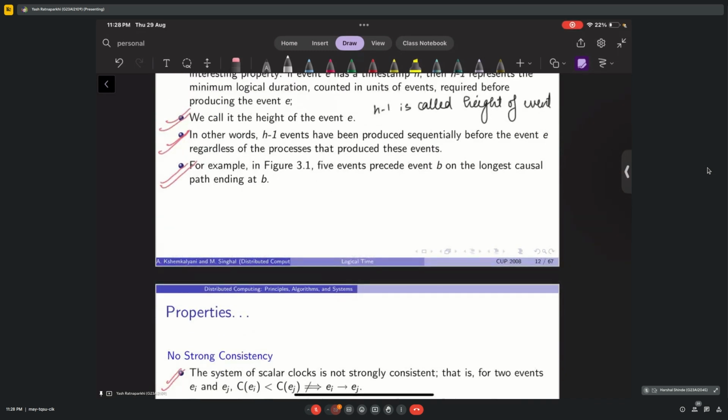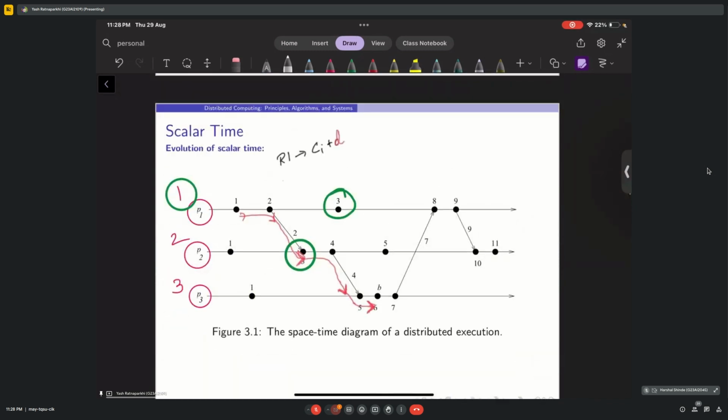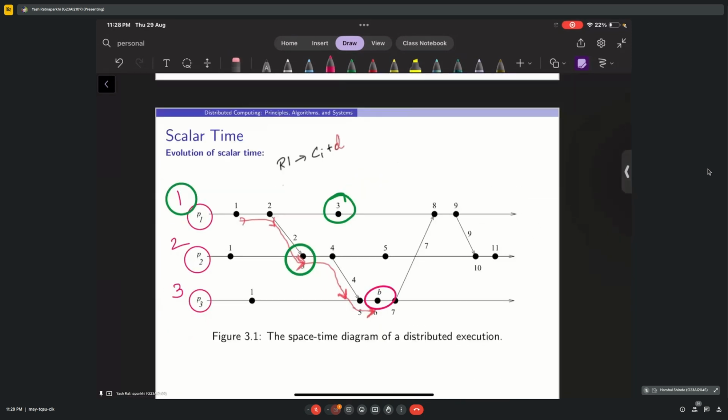For example, in figure 3.1, now look at it and tell me, okay? This is my point B. What can be the height of B? Just see the graph and tell me. If you want, I can zoom it for you. Will it be 6? Someone is saying 6. Other than that, is anyone with another answer, or should we log this as final?